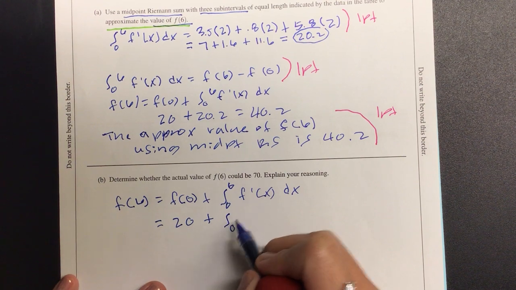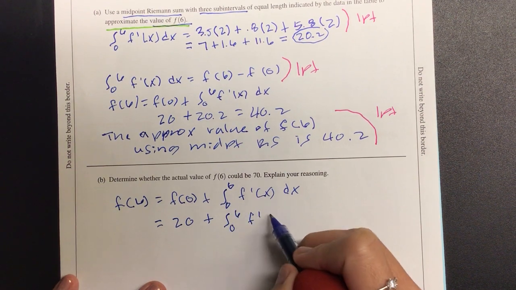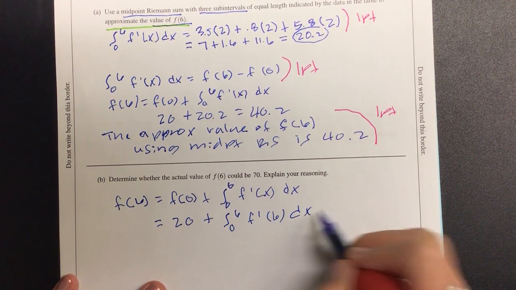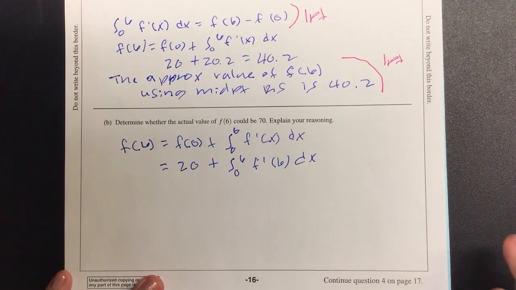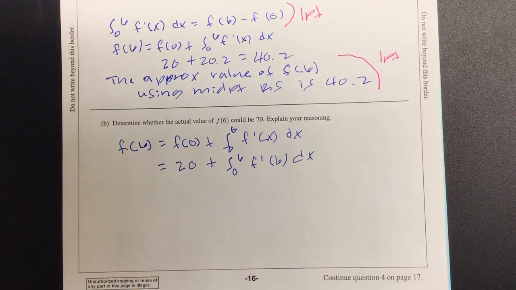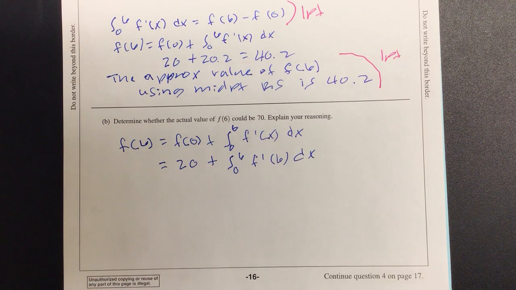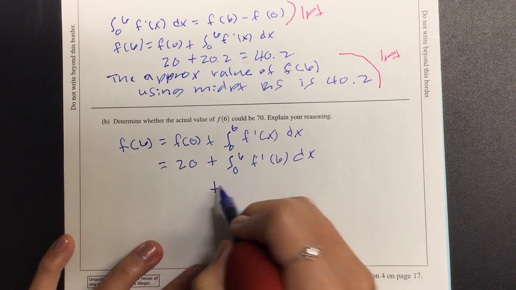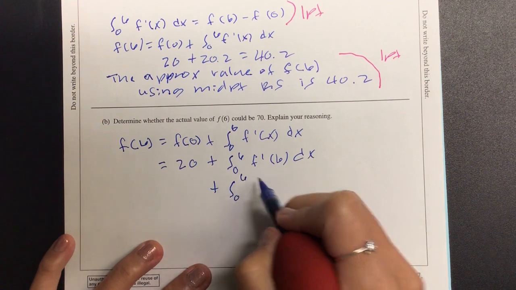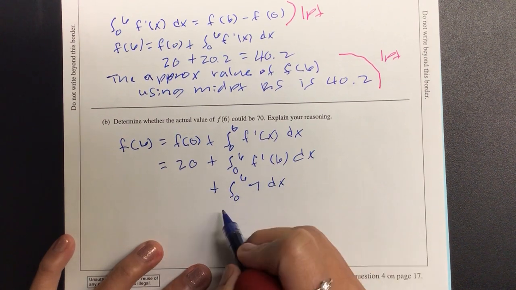Let's go to our graph. On our graph, when you go to x equals 6, what does f prime of 6 say? 7. So I'm going to write 0 to 6 of the 7 dx.